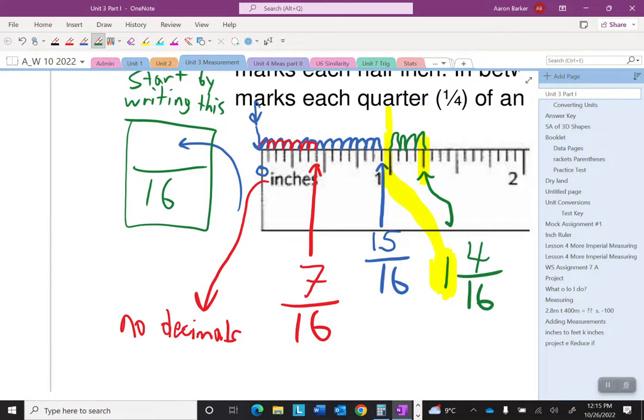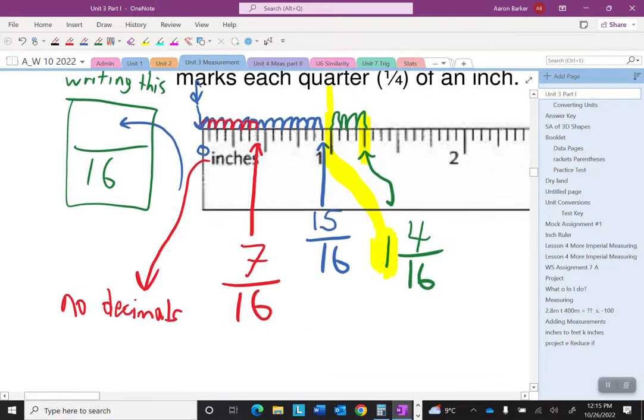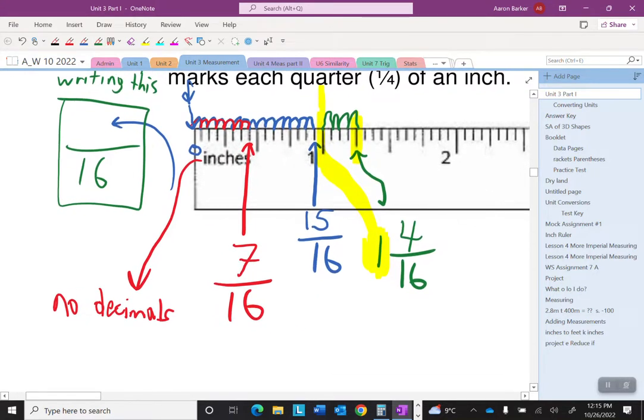I count 4. Is that a good answer? It's not bad. It's half marks. What do you notice about the 4 and the 16? What kind of numbers are those? They're both even. So when you have two even numbers, what can you divide by? 2. So you should write this twice because it's the proper way to show it.